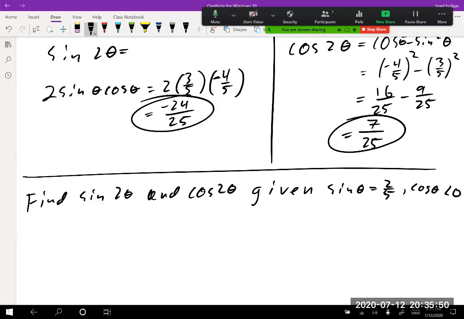So take a minute, write this down. Take a minute, pause the video, and then try to set this up, and then come back and see if we do it the same.